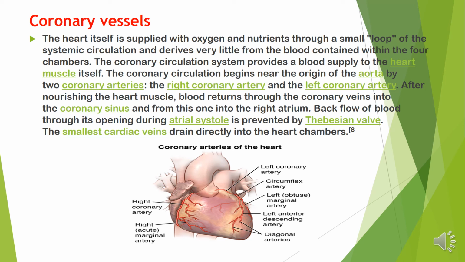The coronary circulation begins near the root of the aorta with the two coronary arteries, the right coronary artery and the left coronary artery, nourishing our heart muscles, and then returns through the coronary veins to the coronary sinus. From there it flows into the right atrium. Backflow of blood through its opening during atrial systole is prevented by the Thebesian valve, and the smallest cardiac veins drain directly into the heart chambers.